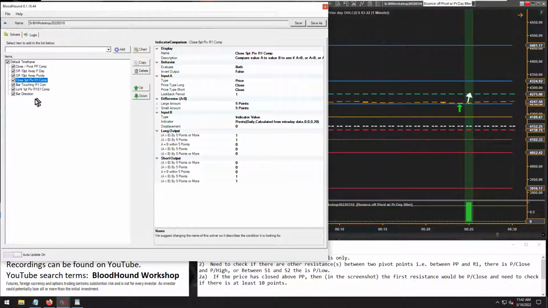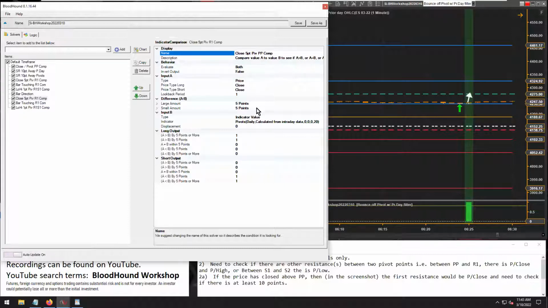And we do have this solver that works for both R1 and S1. We'll come back around to this one last. But what we want to do is make copies of these, and then we're going to convert them over to the PP line.